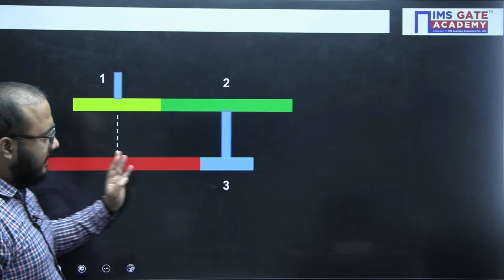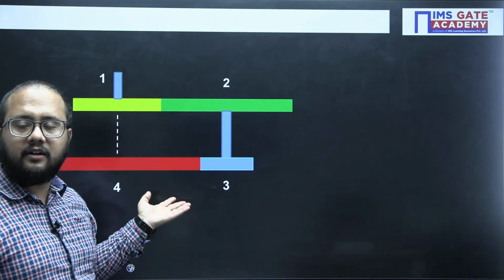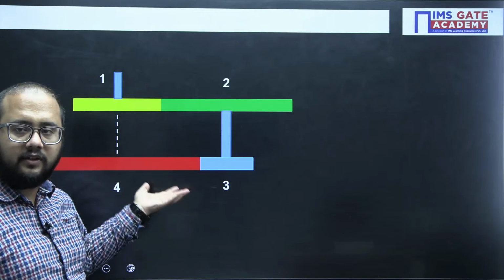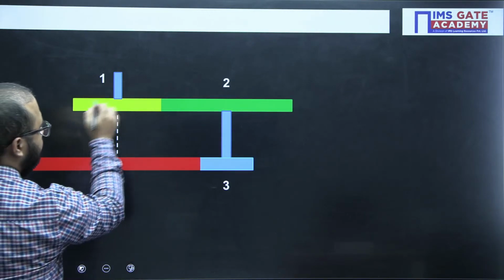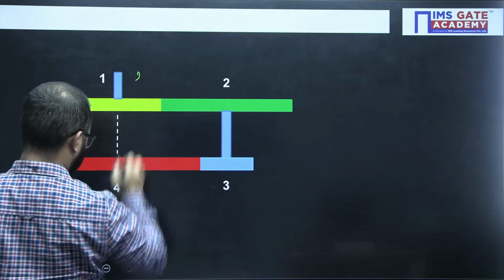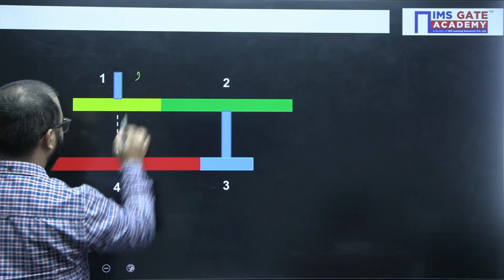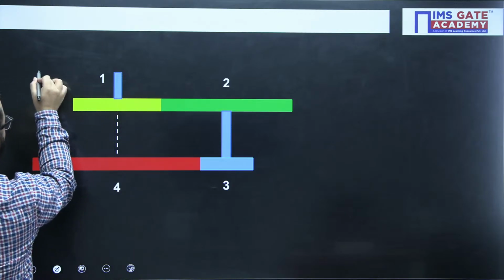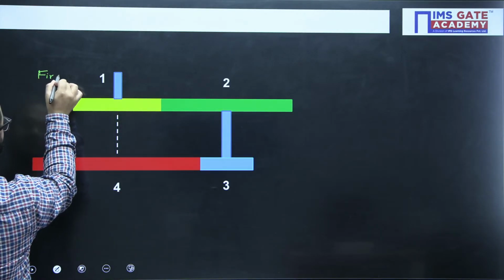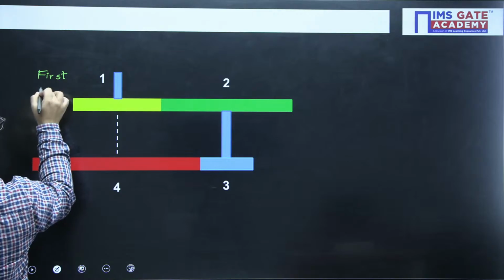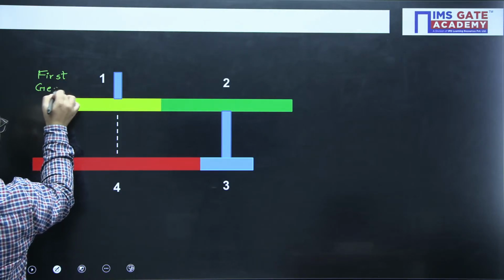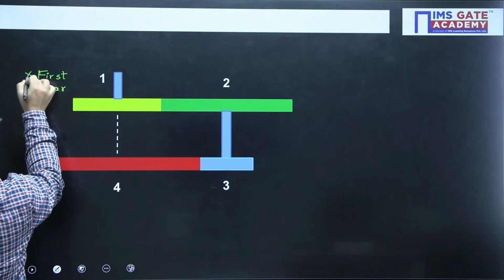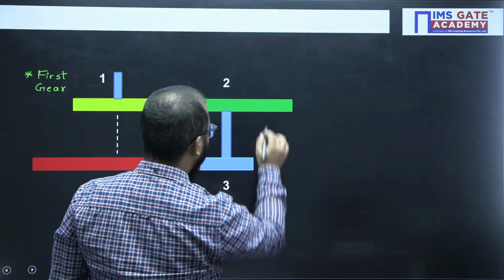Now, see, this is another format of the riveted gear train. So here this is the first gear and this is the last gear.